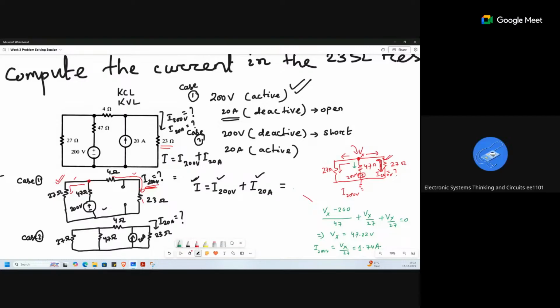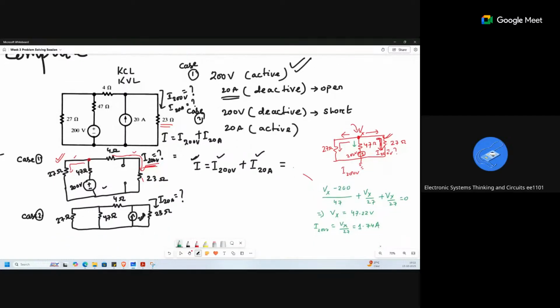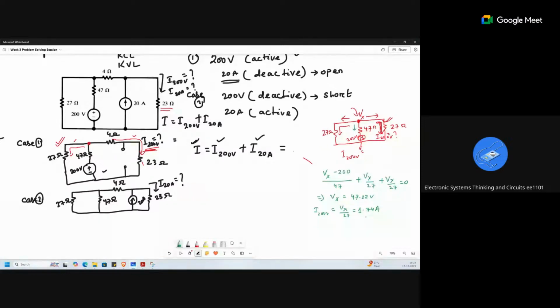So I wanted to cross verify with others. Are you getting this answer or not? Can others verify and tell me?